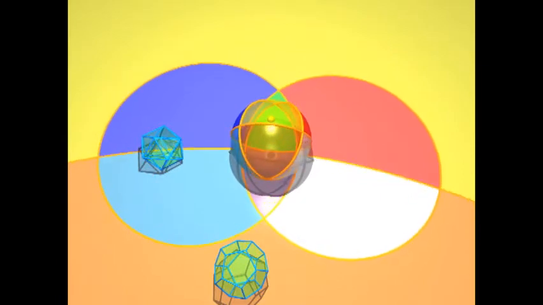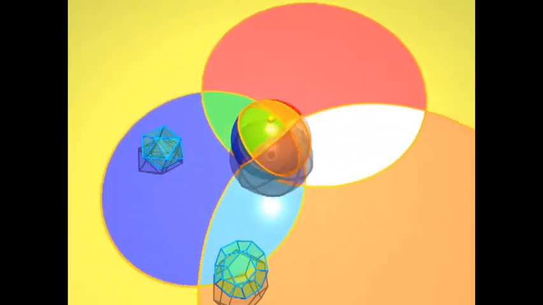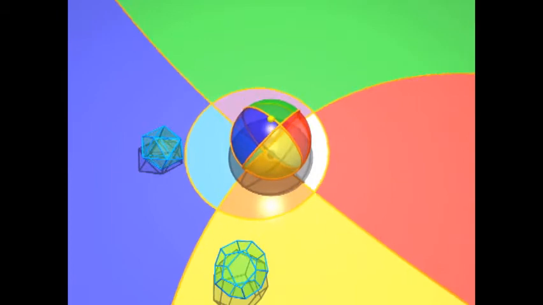You see the 8 coloured faces. Look how the projections of the edges are arcs of circles.